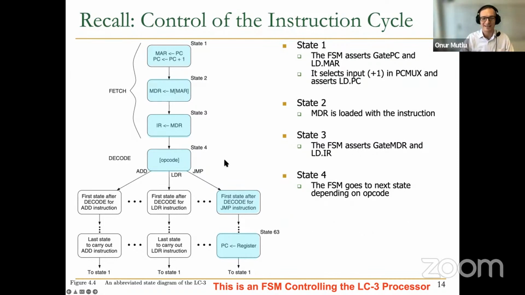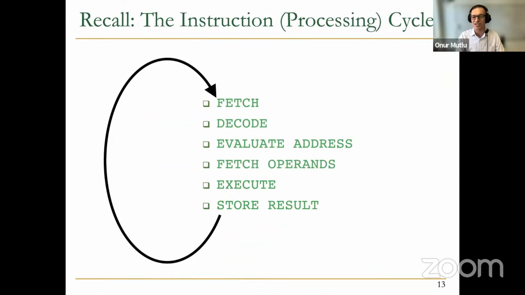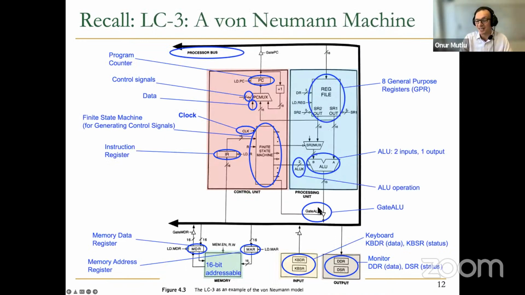And if you go back, I'm going back and forth between the state diagram and the microarchitecture picture, but that's how things work, actually. You need to do that. Basically, the SR1 value over here gets written through the program counter mux into the PC. So you need to enable the load PC signal, and you need to select the right control signal that selects this SR1 and passes it through the mux in that particular state.